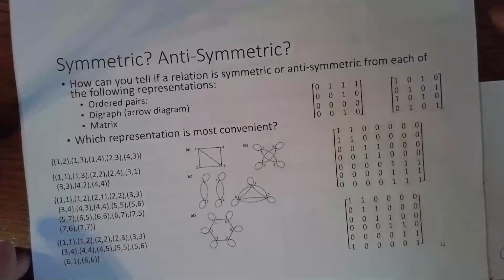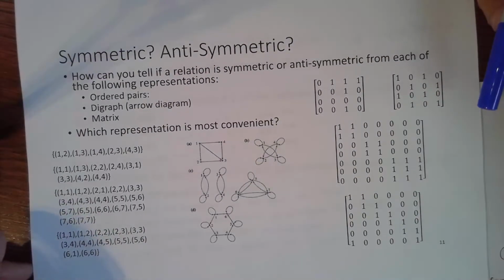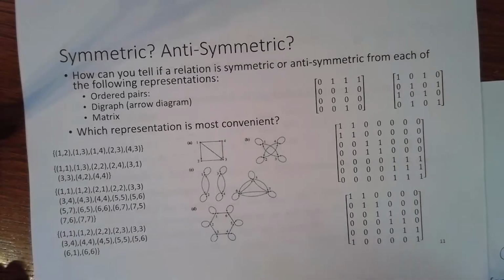So just like we wanted to look at the graphs and see if we could quickly tell from the graph whether it was reflexive and anti-reflexive, we want to do the same thing for symmetric and anti-symmetric. Okay, so how can we look at the graph and tell if a relation is symmetric or anti-symmetric?